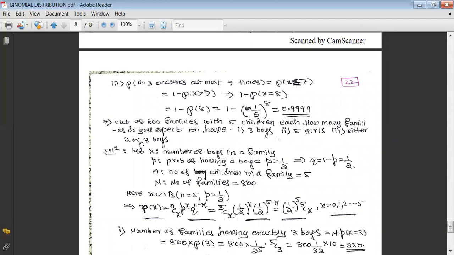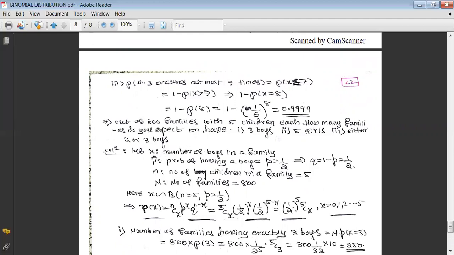In this case, once you look at the requirement, here we want 3 boys, here we want 5 girls. Out of 5 children, if all 5 are girls, that indicates no boys. Saying 5 girls is as good as no boy. That is 3 boys, 0 boys, either 2 or 3 boys. That indicates the interest is with respect to the number of boys.